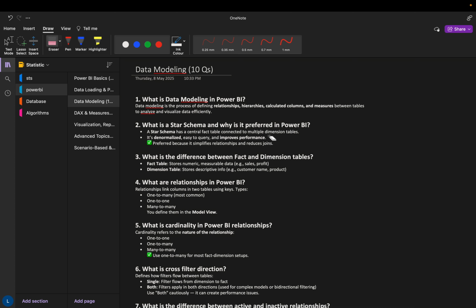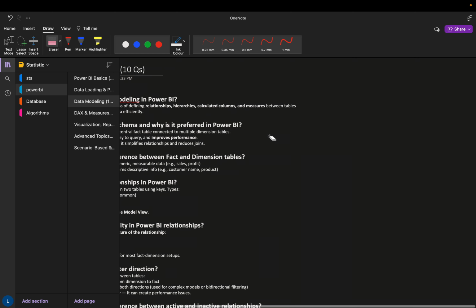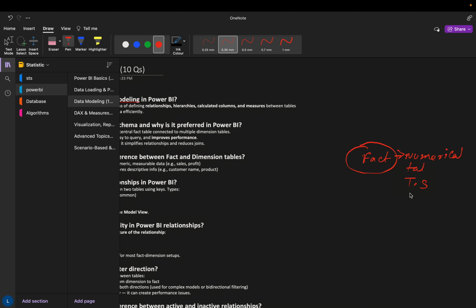Now let's understand what is this central table. In star schema the central table is the fact table, which means it's a numerical table. For example, total sales, total profit, total revenue and all.